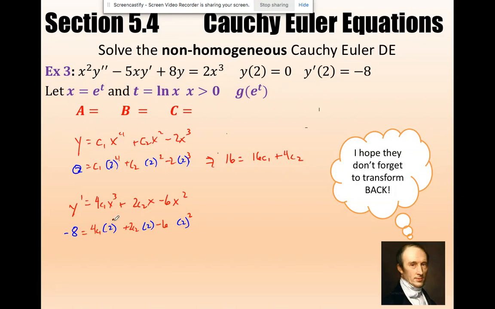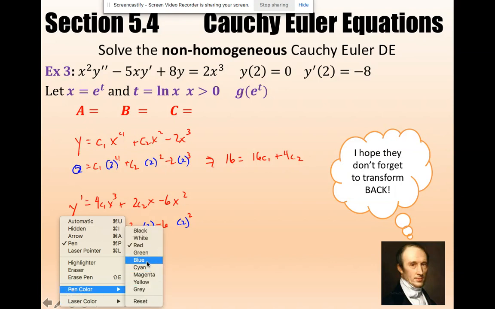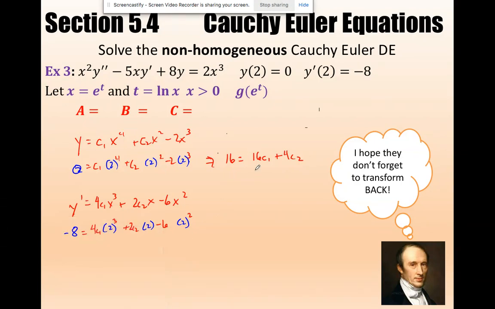Squared. Cubed. So what is that? That is 32 C1. Oh, this is nice. 4C2, and then what is this? 4 negative 24. Add that, so that's also going to be 16.